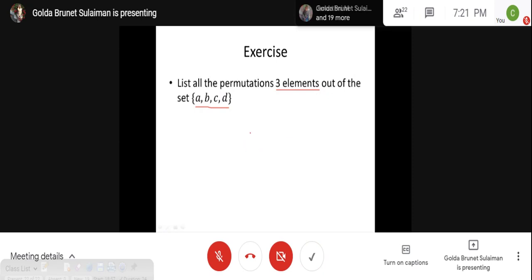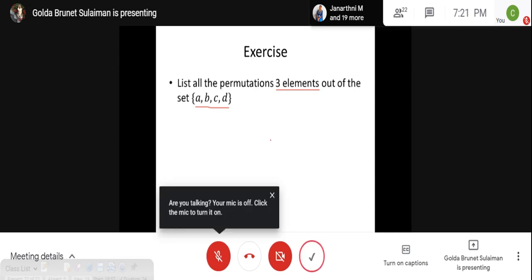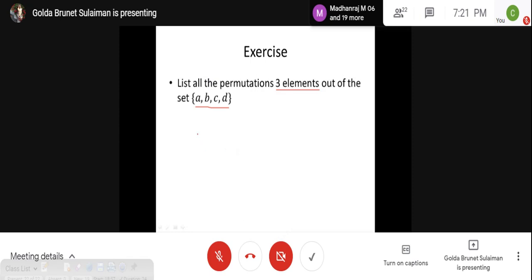So anyone completed? So what will be the answer? What is the job? You are just to list the permutations of length 3 out of these 4 elements, right?